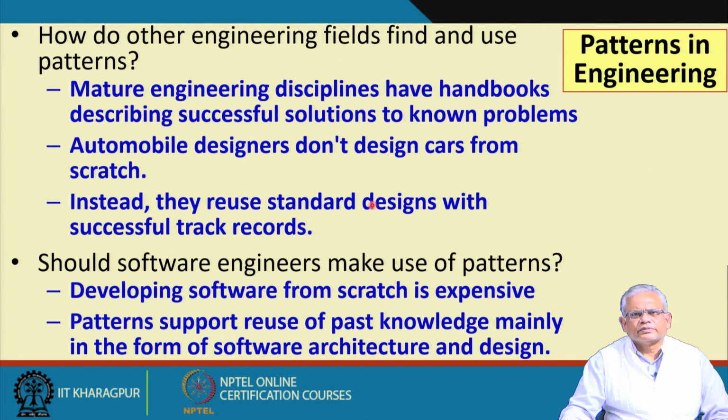Should we use patterns for software development? It turns out that software has many problems. For example, it is considered to be very expensive, it has a lot of bugs, and it is very difficult to change, and many of these arise from the fact that software, unlike other engineering disciplines, was largely developed from scratch.